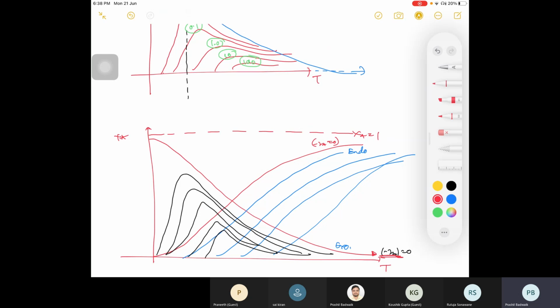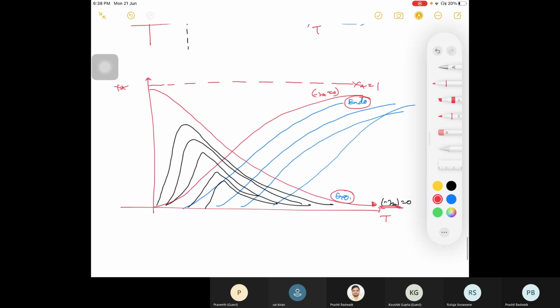One is for exothermic and one is for endothermic. Better I'll write: this blue one is your endothermic and this black is your exothermic. Right? Are you guys clear with this?